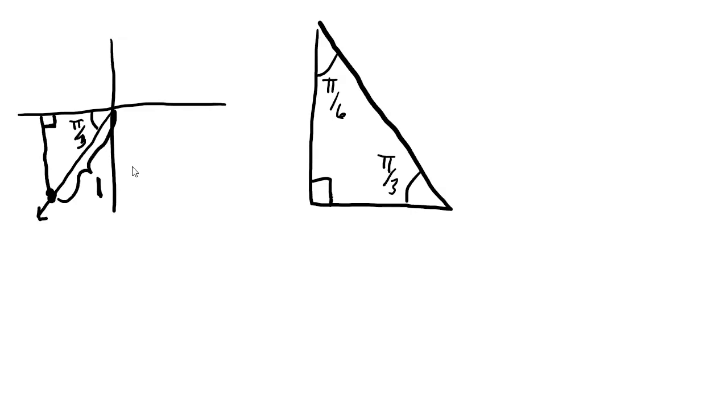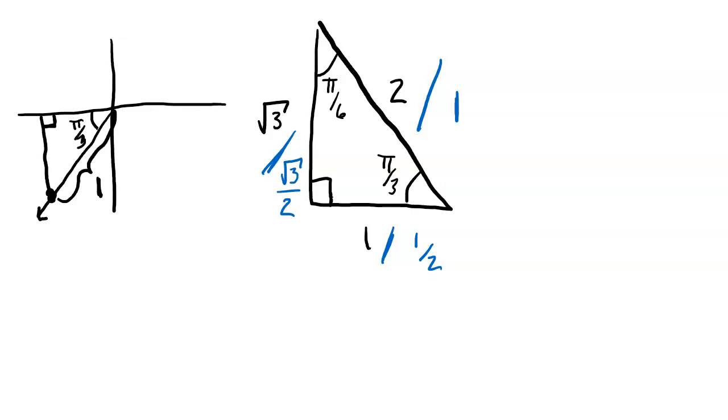You may have memorized it as 2, 1, and square root of 3, or the way I originally was writing it was 1, 1/2, and square root of 3 over 2.